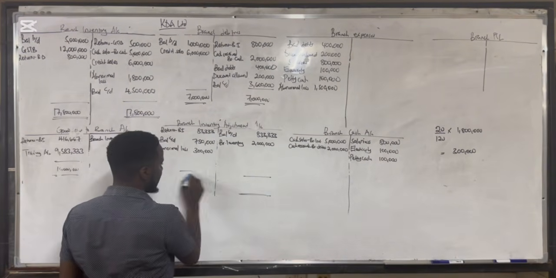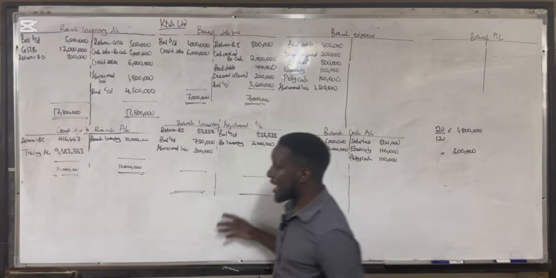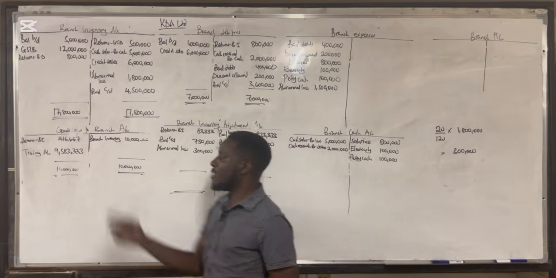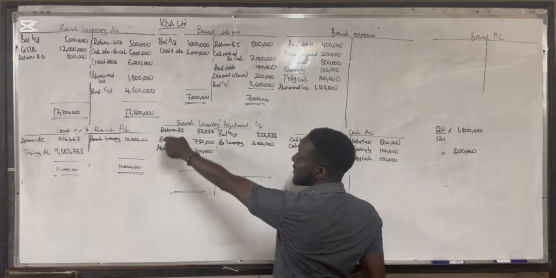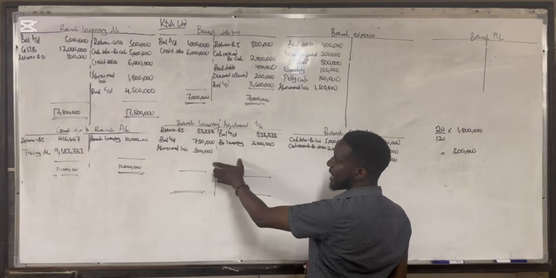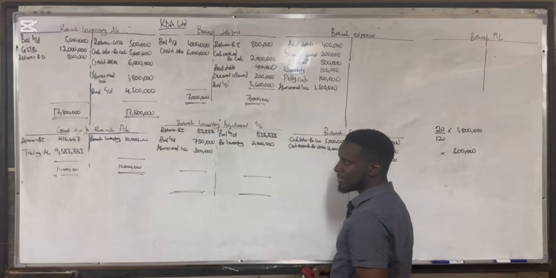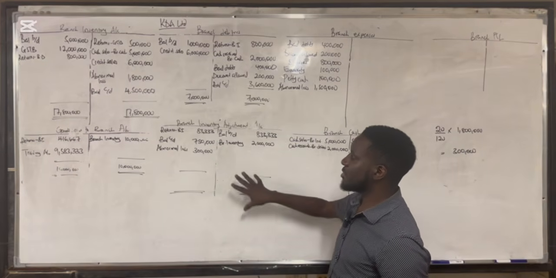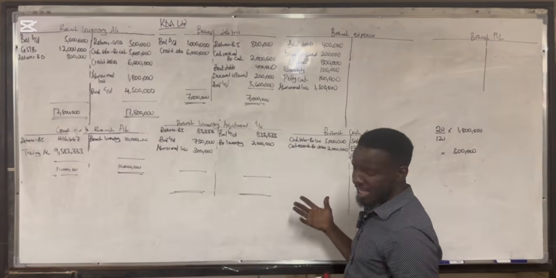And then we come to this account as we are closing off the account. Now, in the previous video, we looked at our gross profit being determined in the branch inventory account. In this video, our gross profit is going to be shifted to the branch inventory adjustment account. So we are going to determine our gross profit from this account, because this is the account that we call the profit elements.